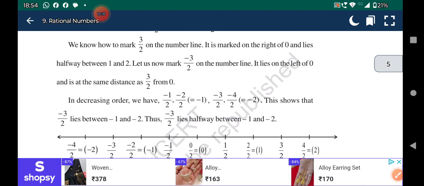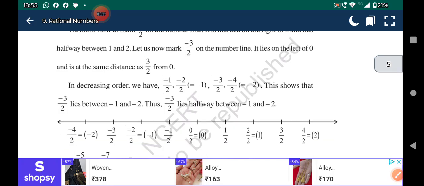We know how to mark 3 by 2 on the number line. It lies to the right of 0 and halfway between 1 and 2. Let us now mark minus 3 by 2 on the number line. It lies on the left of 0 at the same distance as 3 by 2 from 0.